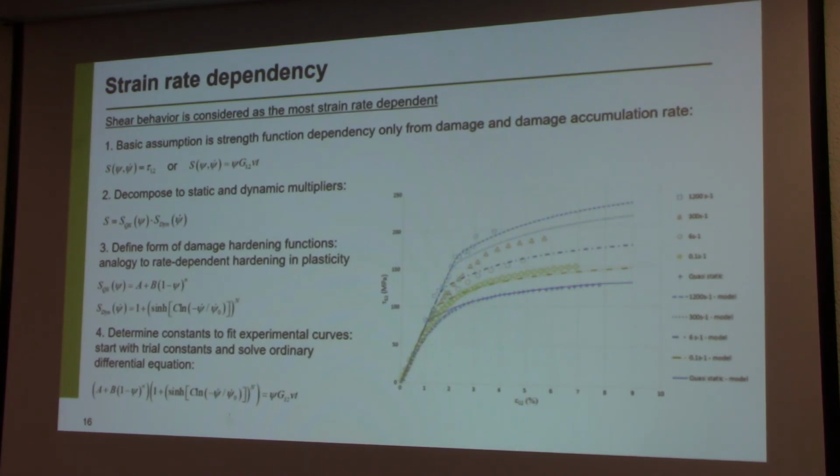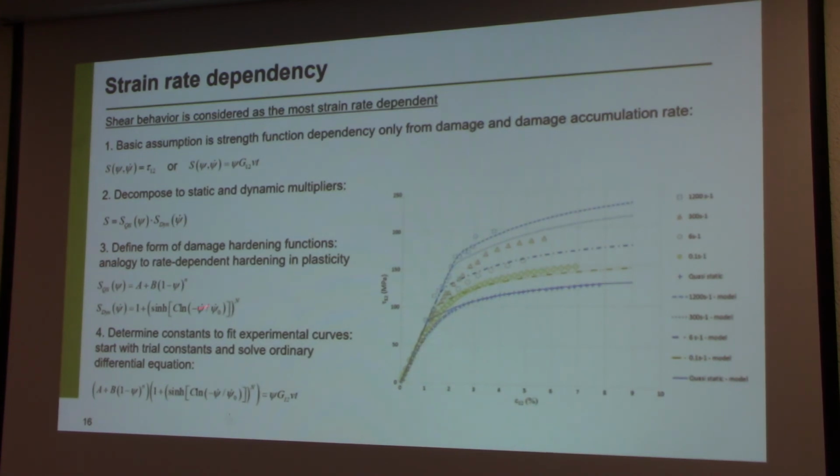So we can decompose this function into quasi-static and dynamic parts. And after we have an analogy with strain rate hardening, we have to determine functions using which agreement with experiments will be achieved.